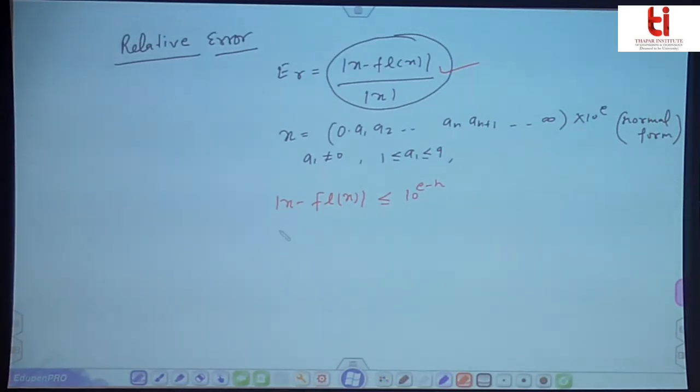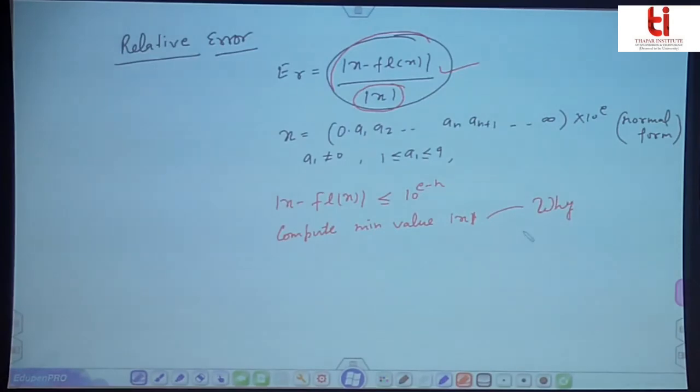Now we are interested to compute the minimum value of mod of x so that this whole thing becomes larger. So compute the minimum value of mod of x. Why mod of x?